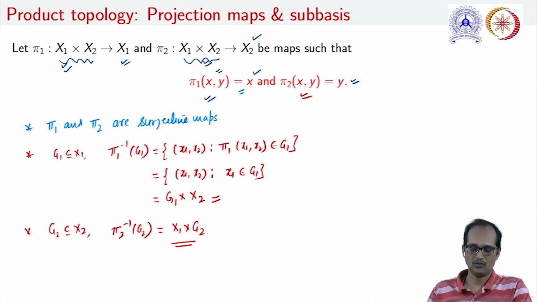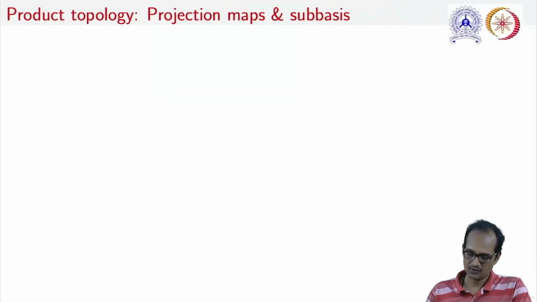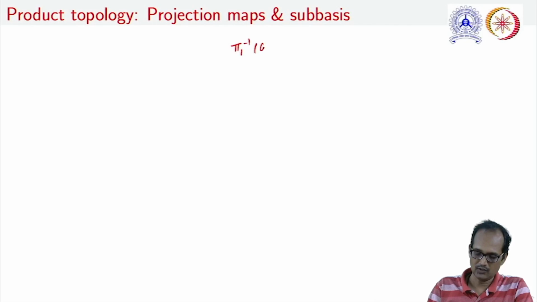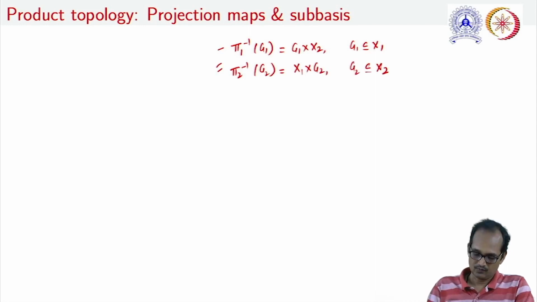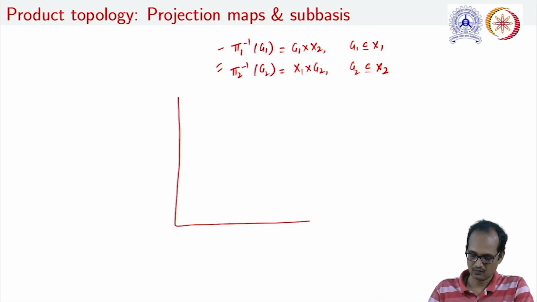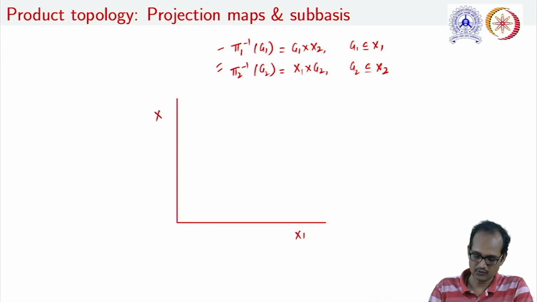It is about the intersection of pi1 inverse G1 and pi2 inverse G2. The intersection of these two, that is pi1 inverse G1, which we have already seen is G1 cross X2, where G1 is a subset of X1, and pi2 inverse G2, that is given as X1 cross G2, where G2 is a subset of X2. So let us take this. This is for set X1 and this is for set X2.